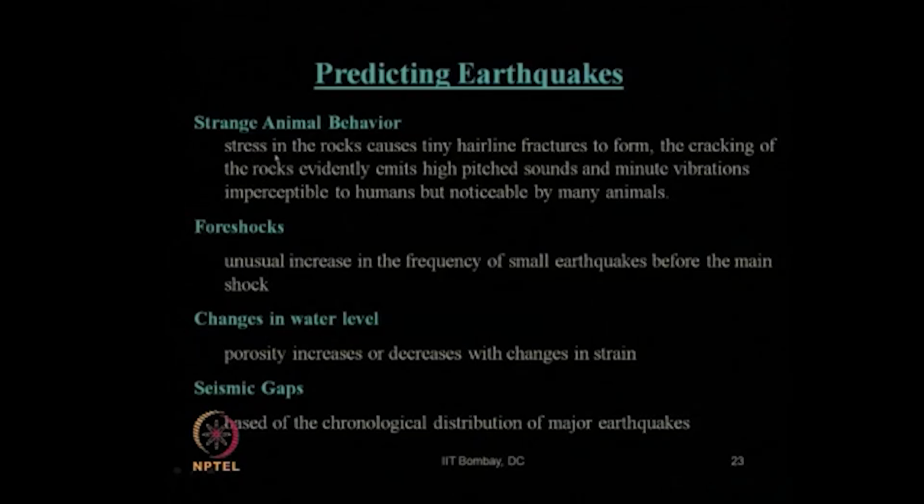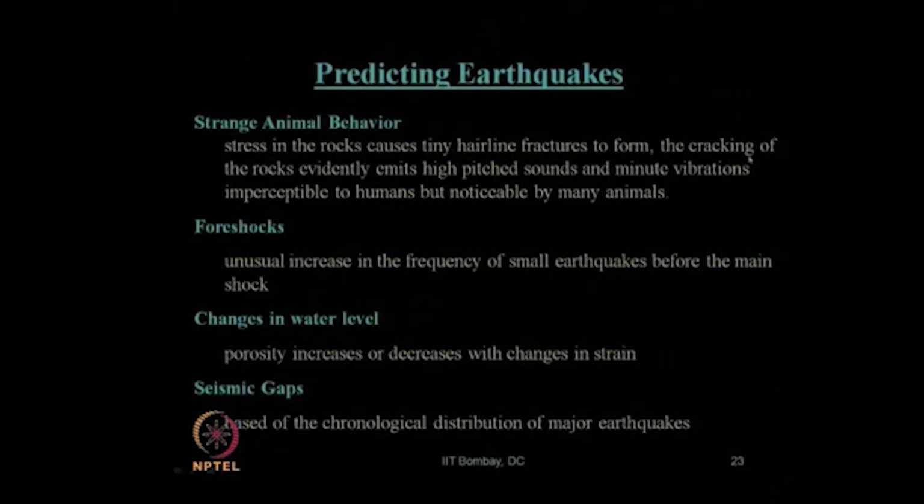When stresses in the rocks cause tiny hairline fractures to form, as we have seen in the elastic rebound theory, the rocks bend and fracture occurs. That first tiny breaking of the rocks emits a high pitched sound, and very minute vibrations which are imperceptible to humans, but those high pitched sounds may be noticeable to a few animals.